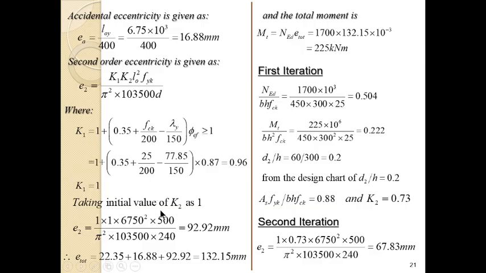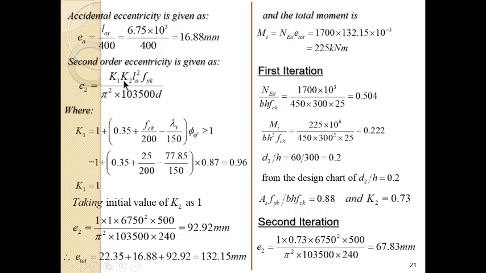Now we take our initial value of K2 as 1 because we are going to use a trial and error method to arrive at the right value. If we take the initial value of K2 as 1, we come to this formula to calculate E2.